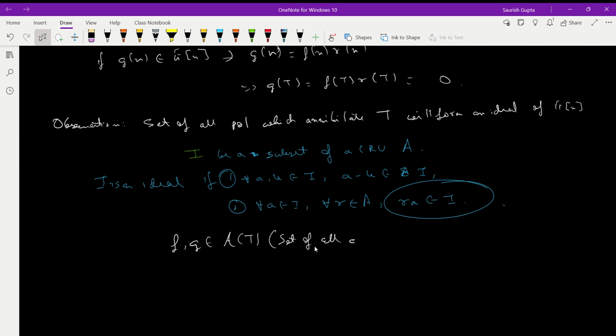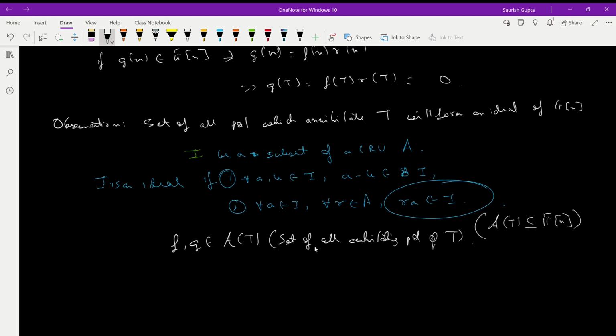Now we can obviously verify this from our definition, because if you have, say, f and g from the collection, say we represent the collection like this: it is the set of all annihilating polynomials of T. And obviously this set is a subset of F[x], right?